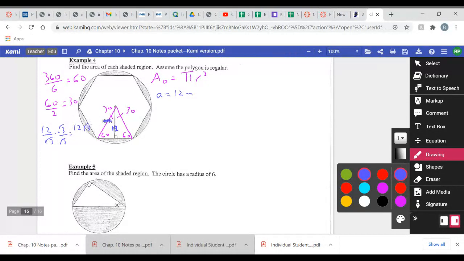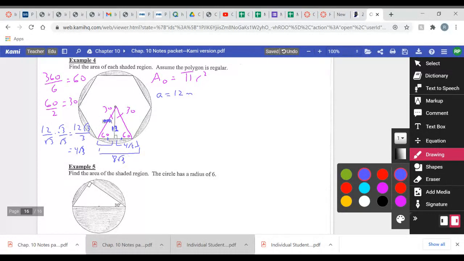And that gives me 12 square root of 3 over 3, which gives me 4 square root of 3. All right, so now I know that the short leg from here to here is 4 square root of 3. So that means that this is also 4 square root of 3 because they're congruent. So now I know that from here to here must be 8 square root of 3.